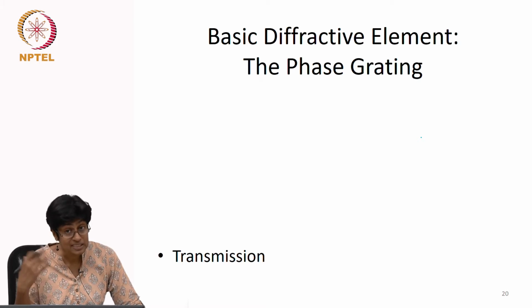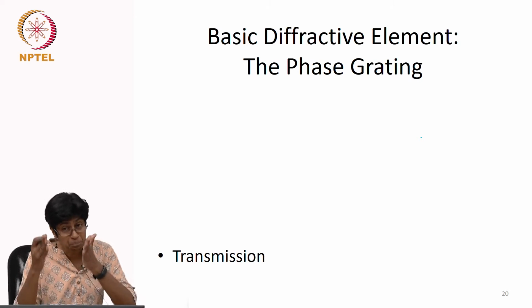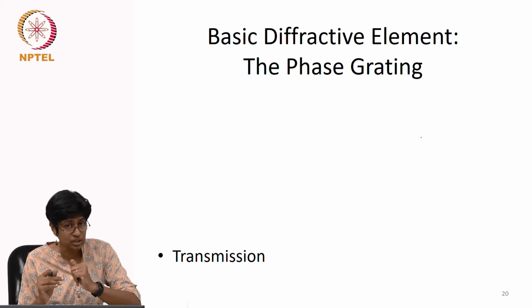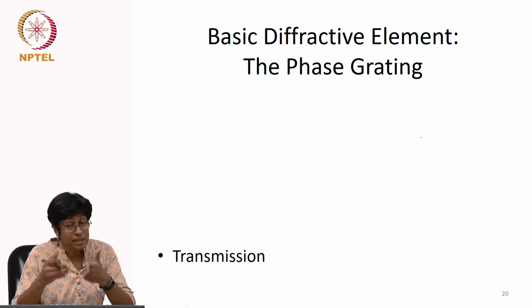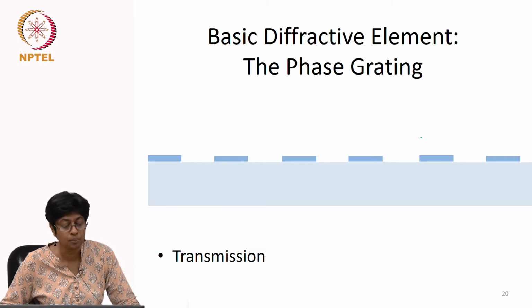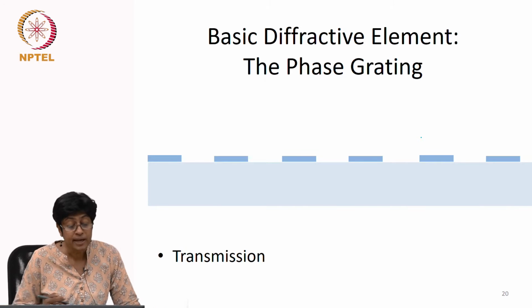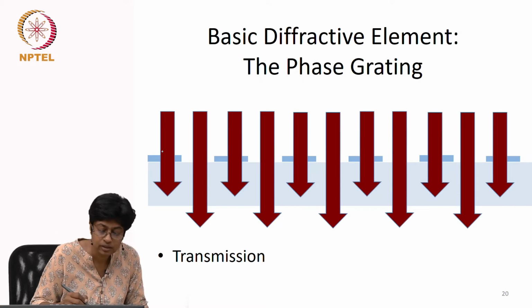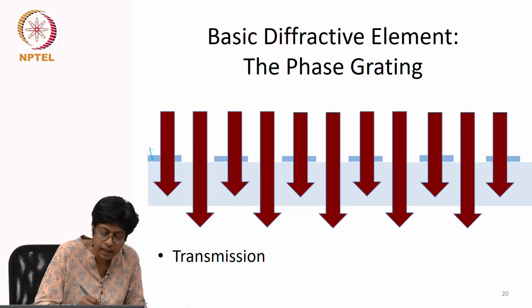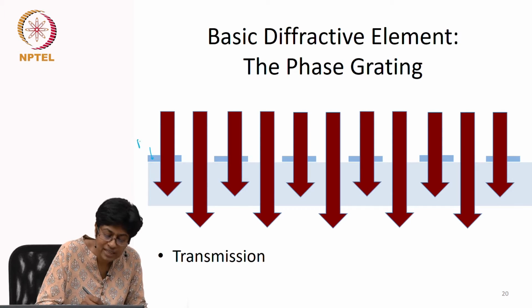I could therefore say, let's have a phase grating. I need some periodic structure, a structure that repeats but causes a number of beams to form. I can do that by having one set of beams go through an optical or a phase step.